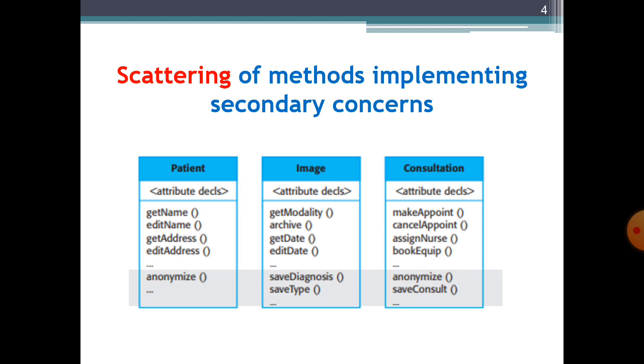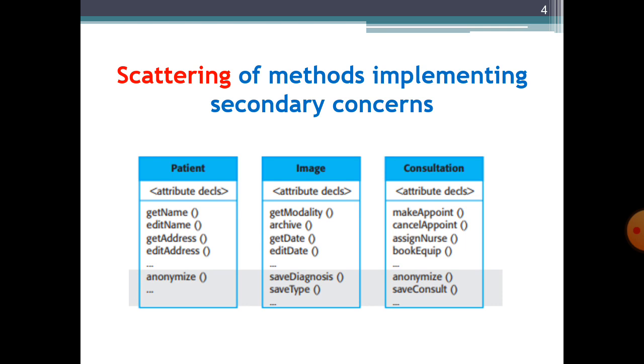So this is not the only case, there are also some secondary concerns as well. Secondary concerns are basically technical statistical information, like a health care provider wishes to record details of how many patients were admitted and discharged each month, how many patients died, what medications were issued, the reasons for consultations, and so on.